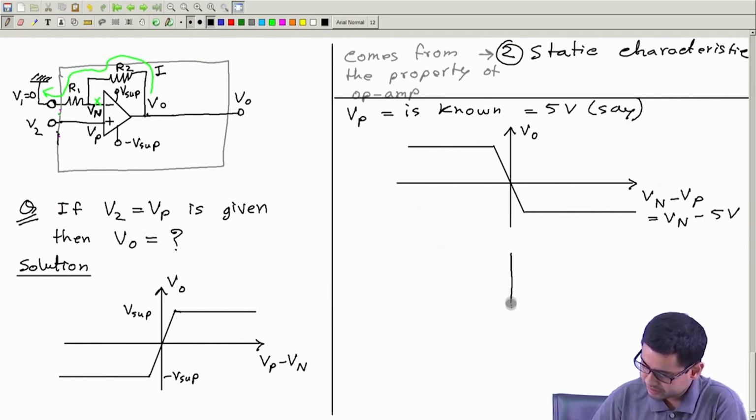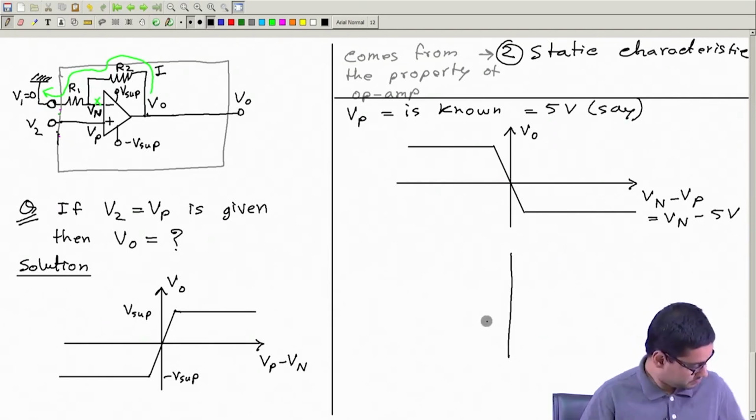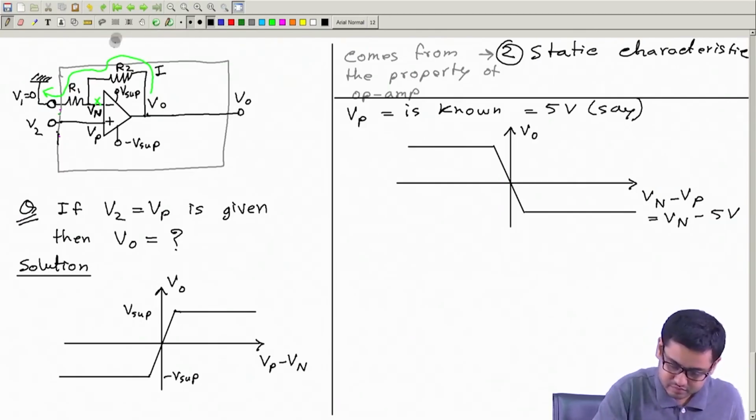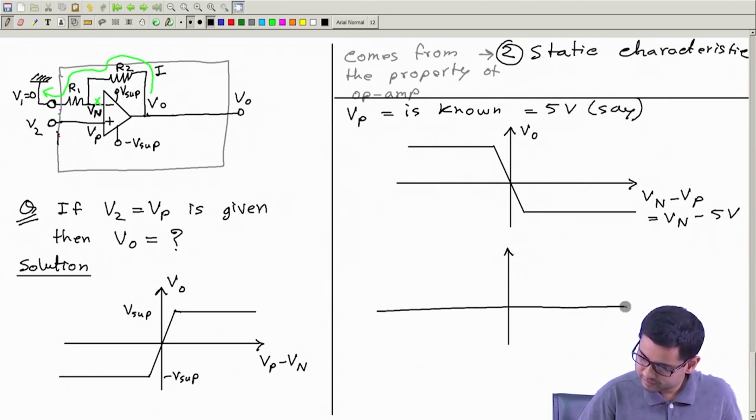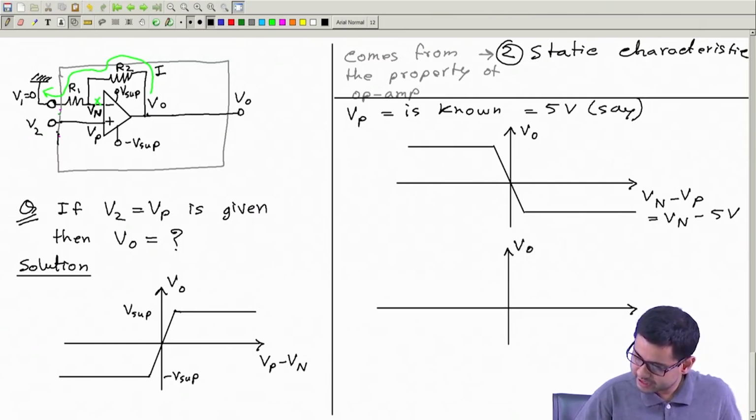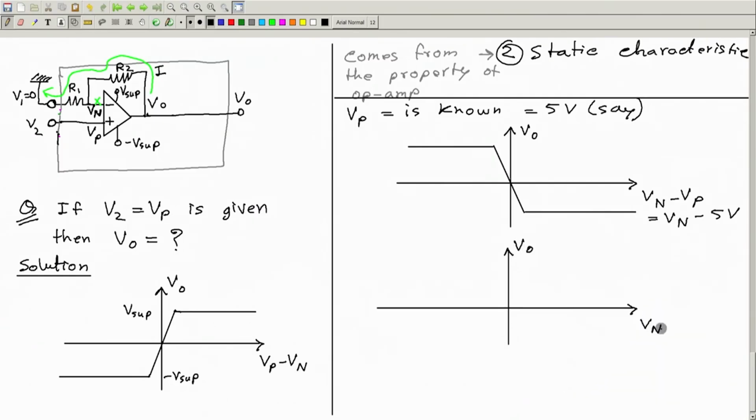Now we will modify this graph further. How? We will draw Vo versus Vn. So minus Vp is not there. So this part is not there. So only Vn. So how will this curve change? Okay.